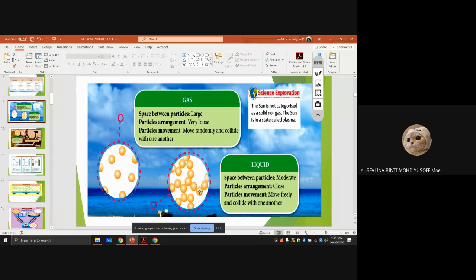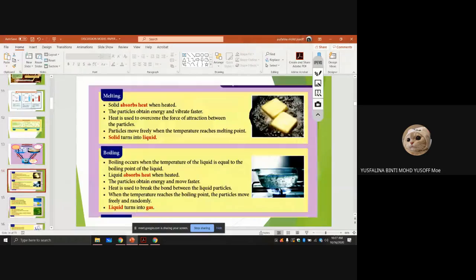So what happened to the particles here? The particles are free to move, so it will become gas. Liquid absorbs heat when heated, the particles obtain energy and move faster. The heat is used to break the bond between the liquid particles.